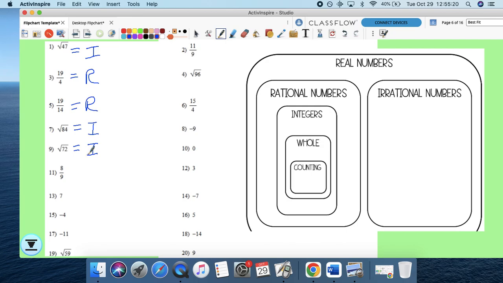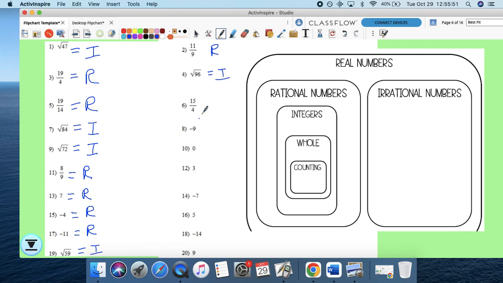No two exact numbers multiplied will give you square root of 77. 8 over 9, rational. 7, we know it's a whole number, an integer, counting number, so that's on the rational side. Negative 4 is an integer, and therefore rational. Negative 11 is also rational. Square root of 59, again, it's not a perfect square, so that's going to be irrational. 11 over 9, rational. Square root of 96, irrational.